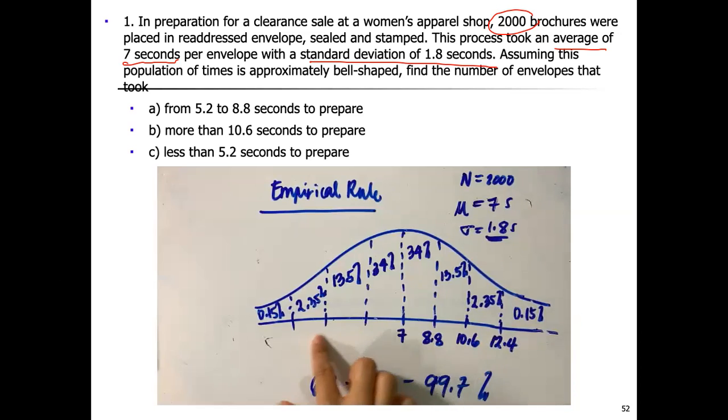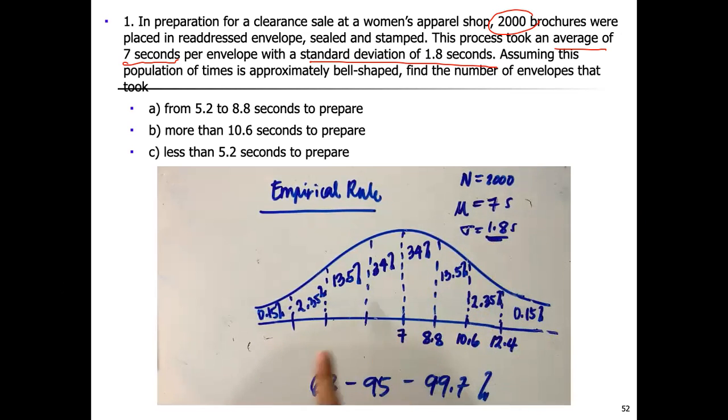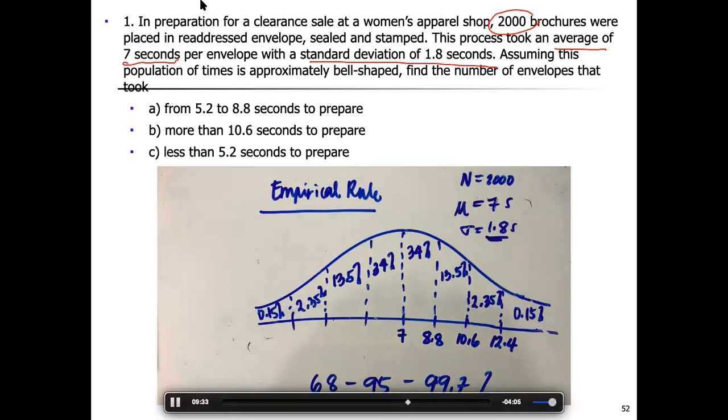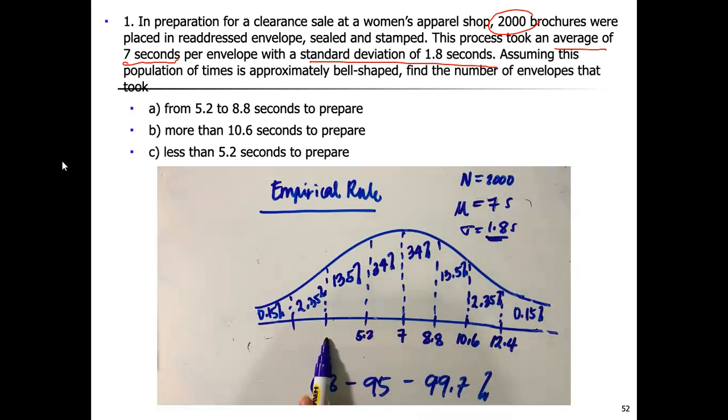What about the values that we have to the left, or one standard deviation below the mean? We will be subtracting an interval of 1.8 from the mean. So 7 minus 1.8 will give me 5.2. Again, for 2 deviations to the left of the mean, we subtract 1.8 from 5.2.